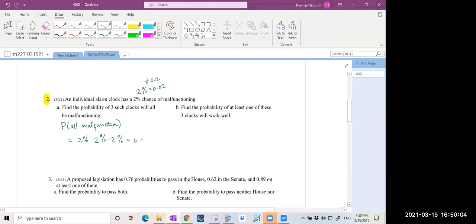That will be 0.02 to the power of 3, which is 0.000008. Now, if you round it to 5 decimal places, that will be 0.00001. That's the 5th decimal place, but the next number is at least 5, so I round it up to 1 in the 5th decimal place.